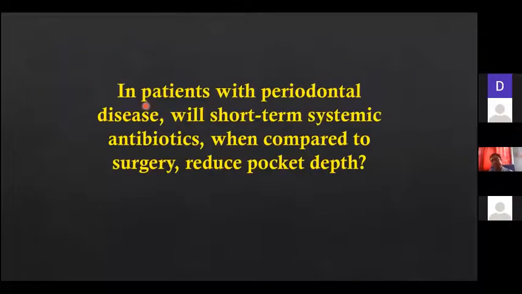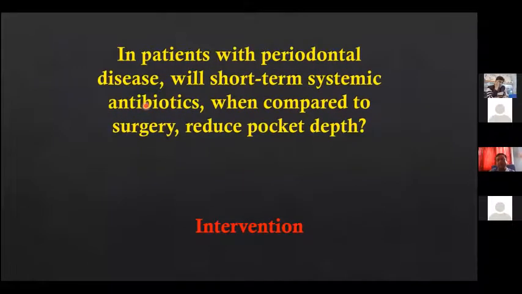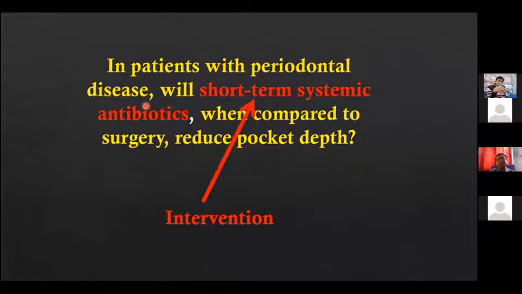So let's see an example. This question has all the features of a good PICO. In this question, in patients with periodontal disease, the periodontal disease is the problem. Next, what will be the intervention? The intervention will be short-term systemic antibiotics.